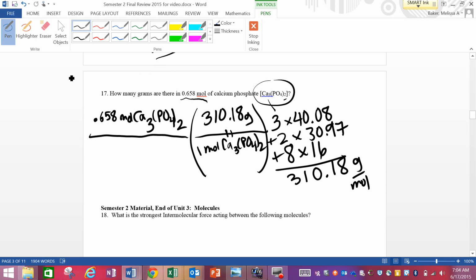I'm going to draw a line here. How do we solve this? Multiply everything on the top, divide by the bottom. So 0.658 times the 310.18 comes out to be 204.1 grams of Ca3(PO4)2.